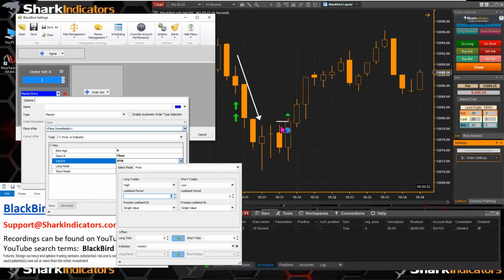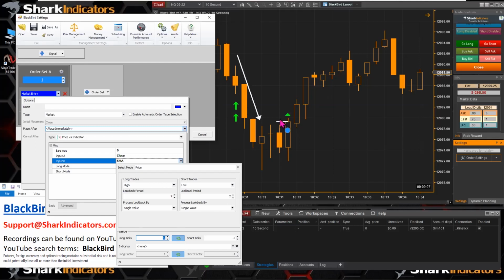If you wanted the close to be, say, 5 ticks above the high of the previous bar, then you could go in and add an offset to this. We could take the high price and add 5 ticks, so it would take the high of this bar and add 5 ticks.